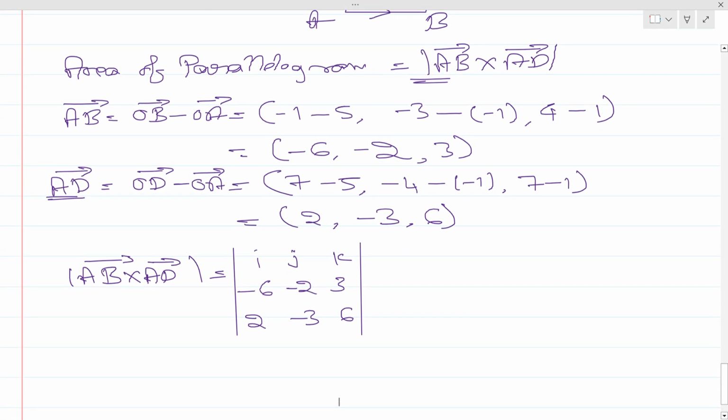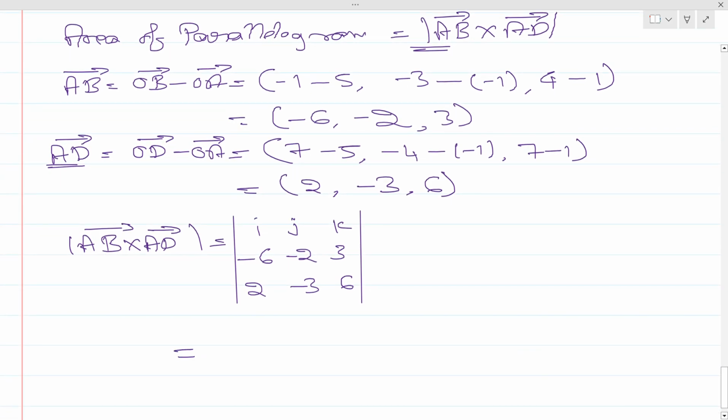So finding the determinant of this, it's going to be the modulus of i multiplied with minus 2 into 6, minus 12, minus of minus will become plus, 3 times 3 is 9. Second coefficient, we have to make it negative, so j multiplied with, eliminating the row and the column where the j belongs, multiplication of minus 6 with 6, that's minus 36, and these two corners, 3 times 2 is 6.